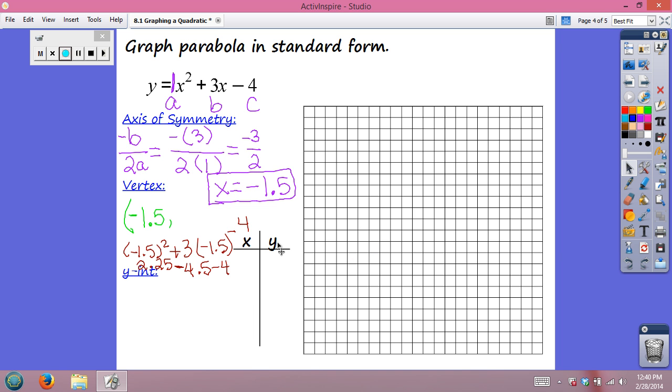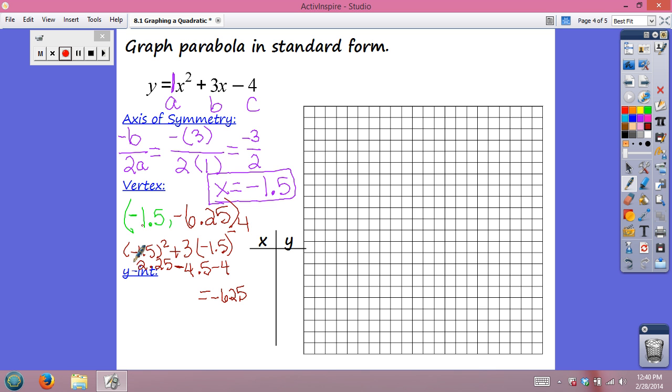So we have 2.25 minus 4.5 minus 4. And that is going to give us -6.25. So our y value for our vertex is -6.25.